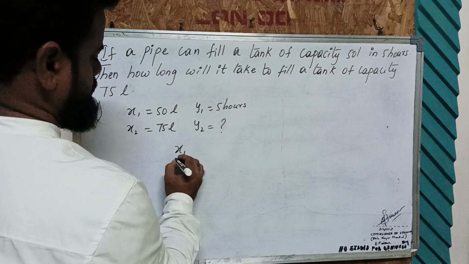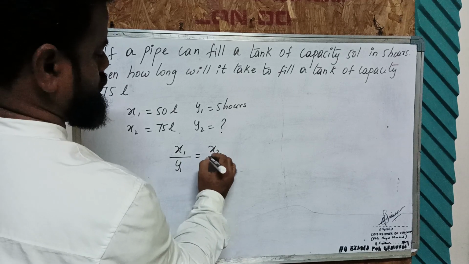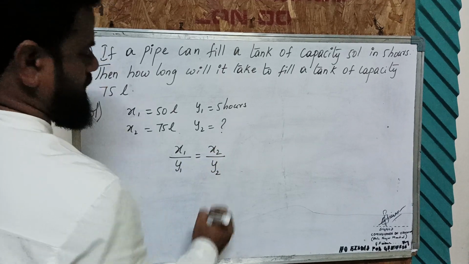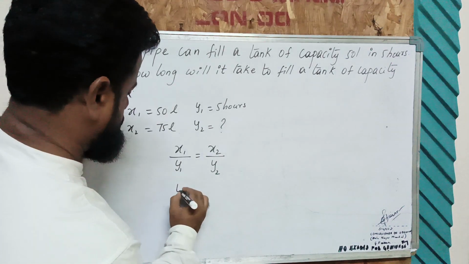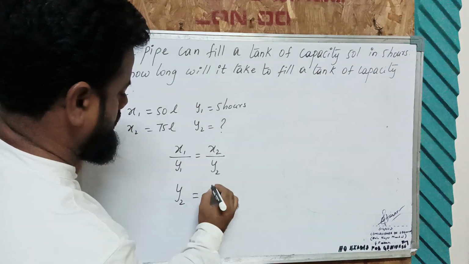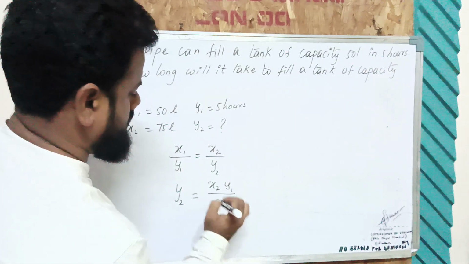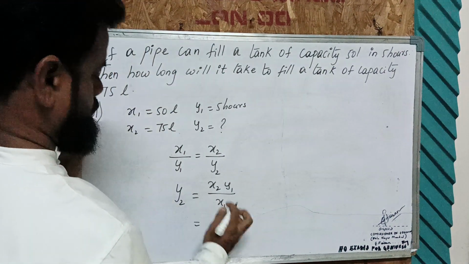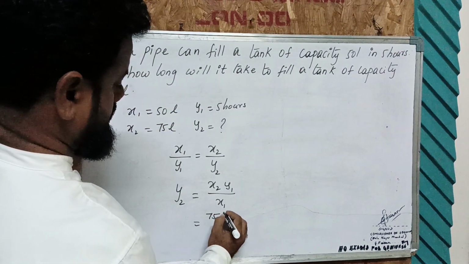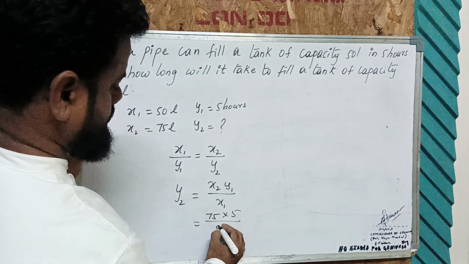So same thing, x1 by y1, x2 by y2. So this is a case of direct proportion here. So y2 we have to find. y2 will be equal to x2 into y1 by x1. So x2 is 75 into y1 is 5, x1 is 50.